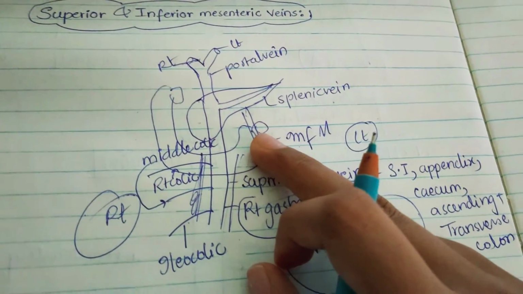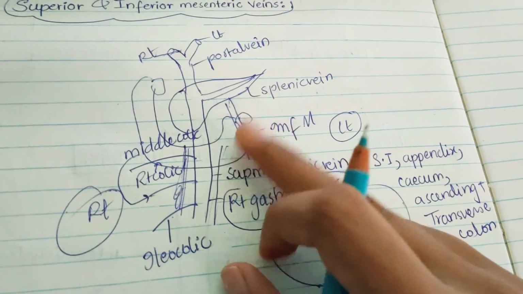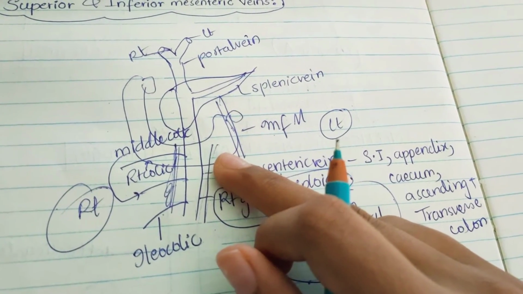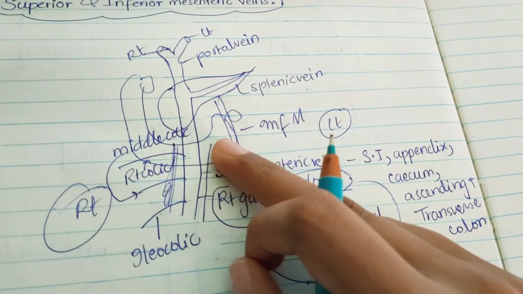The inferior mesenteric vein begins as the superior rectal vein from the upper part of the lateral rectal venous plexus. It communicates with the middle and inferior rectal veins.